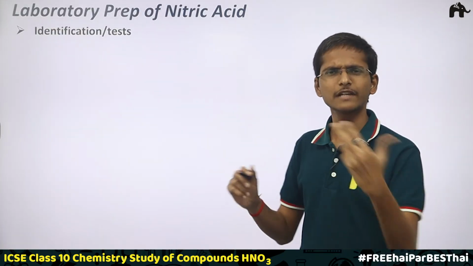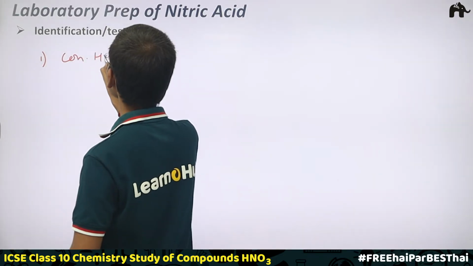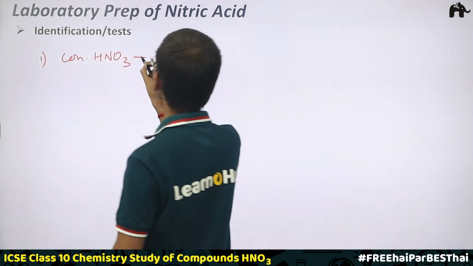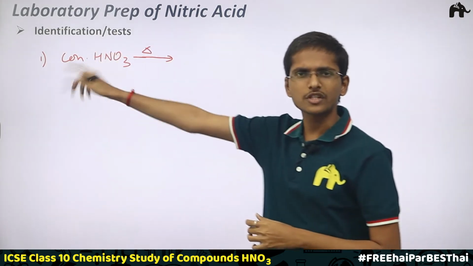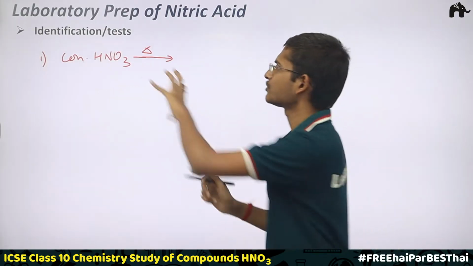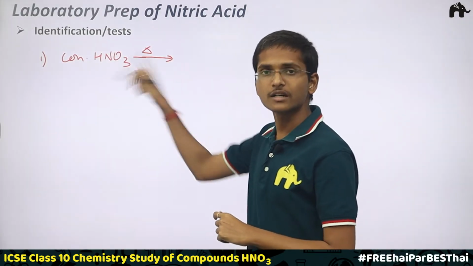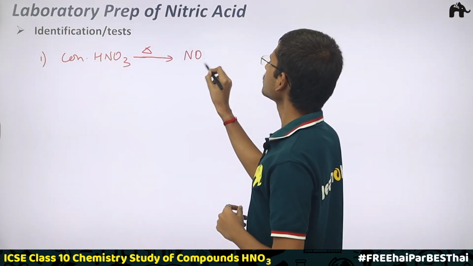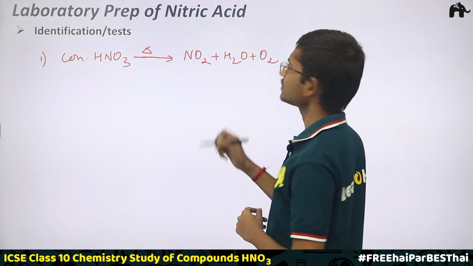The first one is very simple, we have already studied it. Concentrated nitric acid decomposes on heating. Thermal means by heating, and decomposition means it breaks down. So when we heat it, it breaks down, which is called thermal decomposition, simply into NO2 gas, water and oxygen.